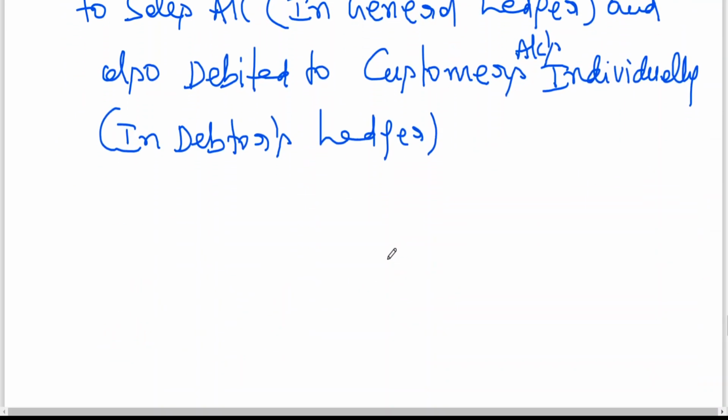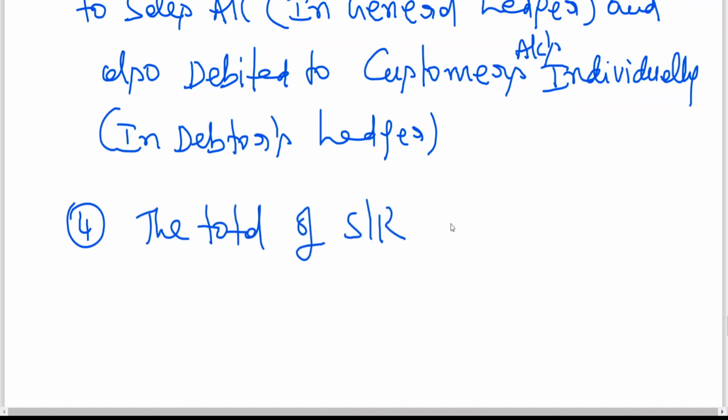Okay, next, fourth point. The total of sales returns day book.